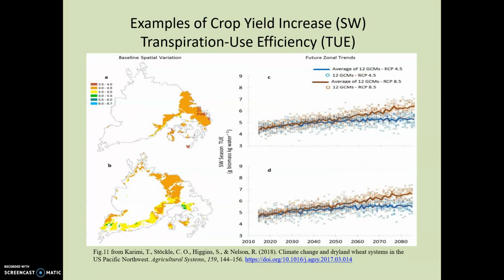Here's another one that depicts the micro scale of this. Examples of crop yield increase, spring wheat, transpiration use efficiency, so how the plants process the carbon, increasing their biomass. If we look across the board here, here are those two other maps on the left. The gains are the yellow and orange, 4.5.